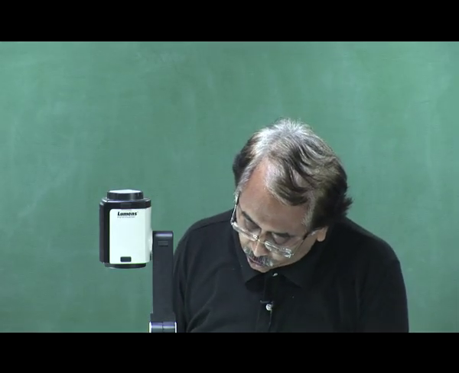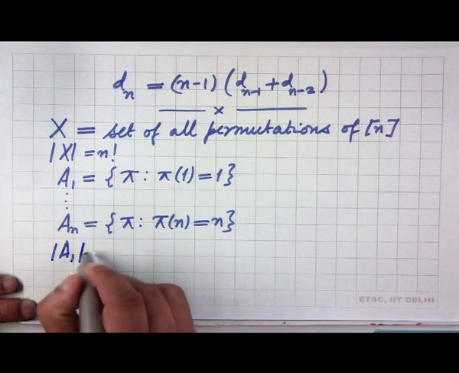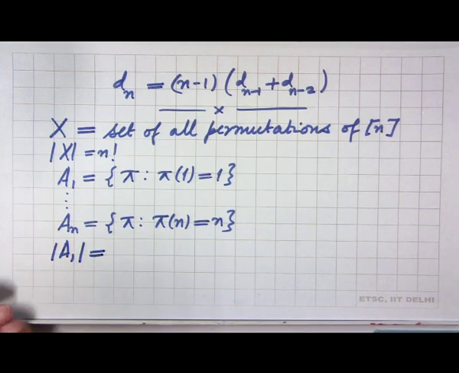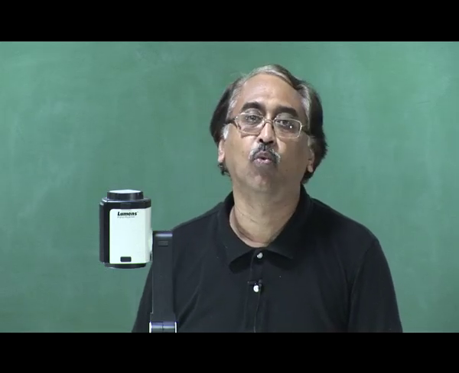Let's look at, to begin with, the size of A1. This is all those permutations which leave 1 fixed. Well, let's take one out of the picture. What does this permutation pi do? It permutes the other n minus 1 symbols. It sends the other symbols to the remaining symbols in whatever way, including fixing 2 or fixing 3 or whatever.